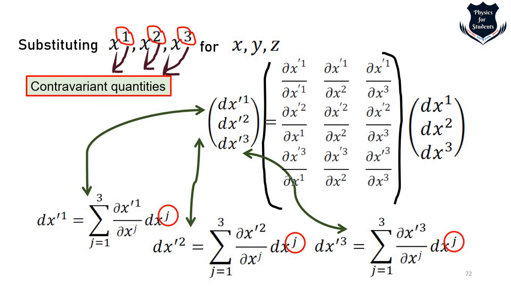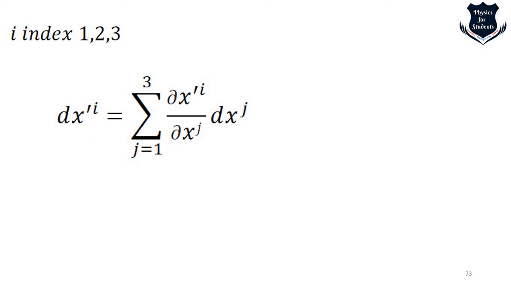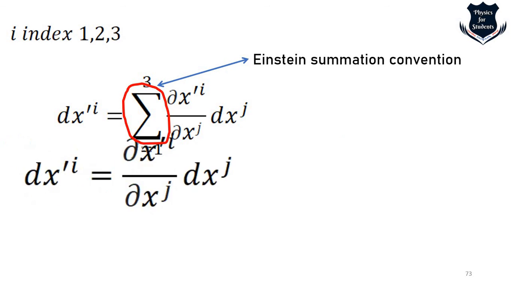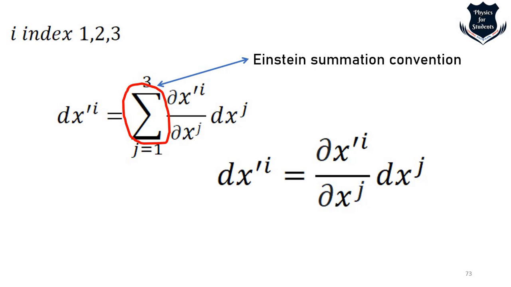Now this index j is repeated. These are repeated, right? So what we do is, if the index is 1 to 3, this sigma notation is replaced by our famous Dr. Albert Einstein summation convention, which is this, right?